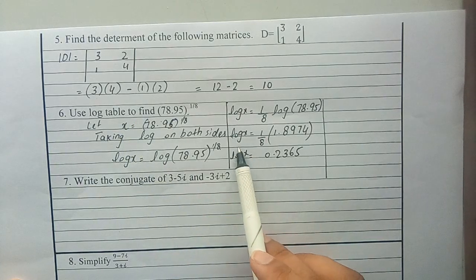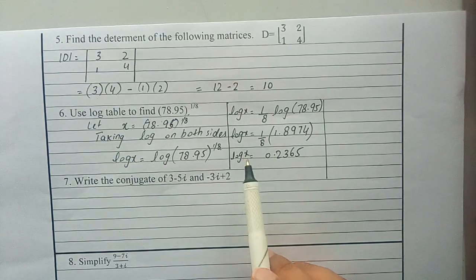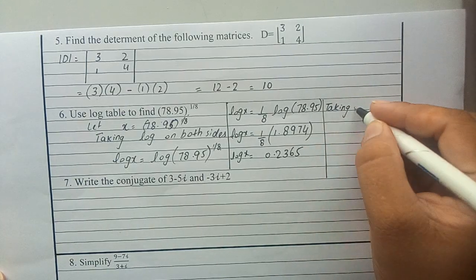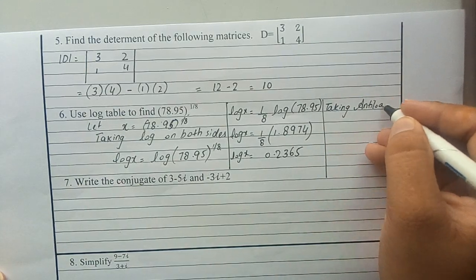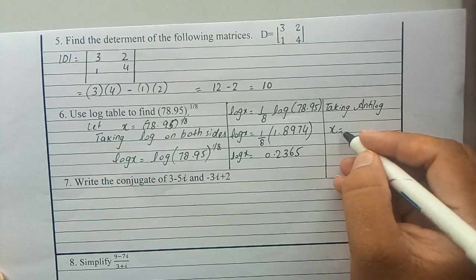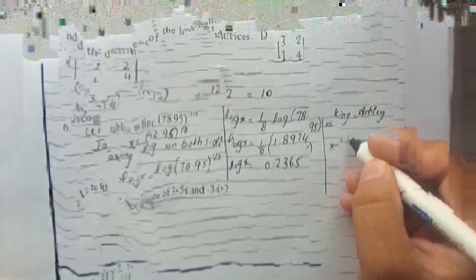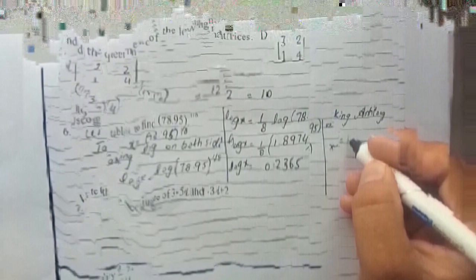So to remove this logarithm, we will take anti-logarithm. Taking anti-logarithm, x is equal to anti-log of 0.2365. How will we find anti-log? Press shift and then log, and then write the value, that is 0.2365.